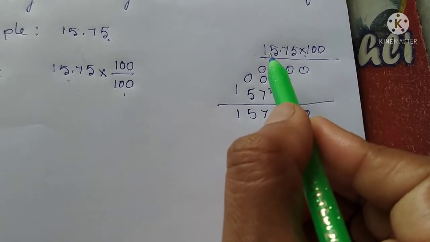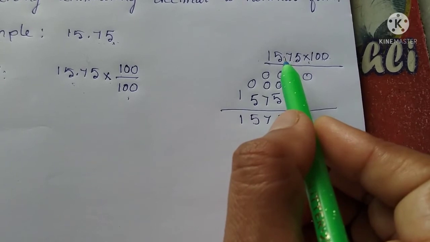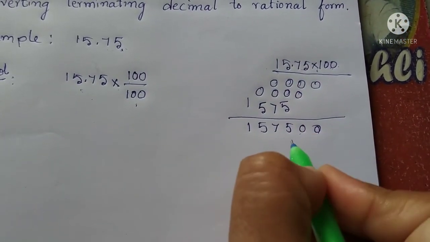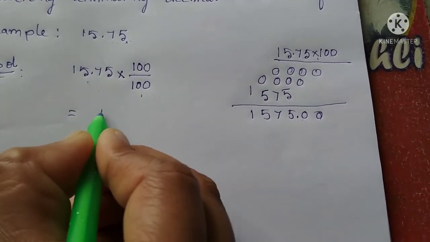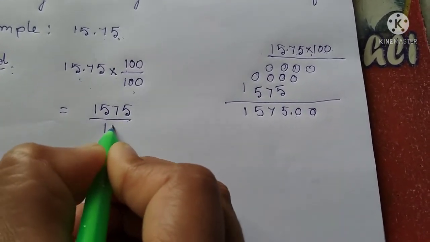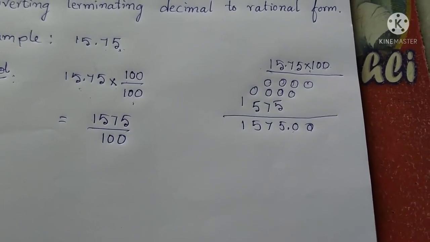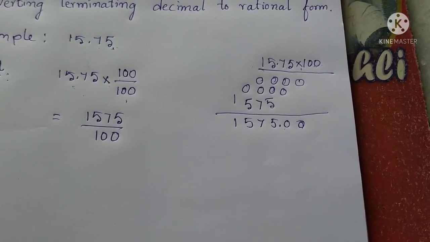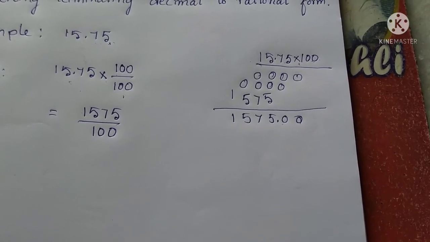So we get 1575. In 15.75, how many digits are after the decimal point? 1, 2. So that is equal to 1575 by 100, the product of 15.75 and 100, divided by 100.